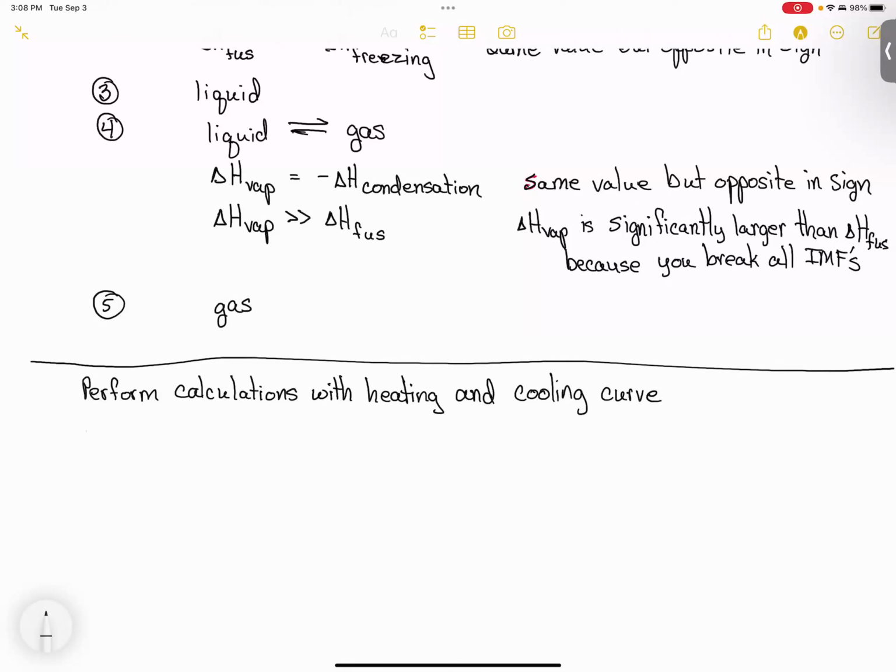The first step is I go ahead and just scratch out a general heating and cooling curve. It doesn't take that long, and it does make a difference in helping you keep things straight in your head.